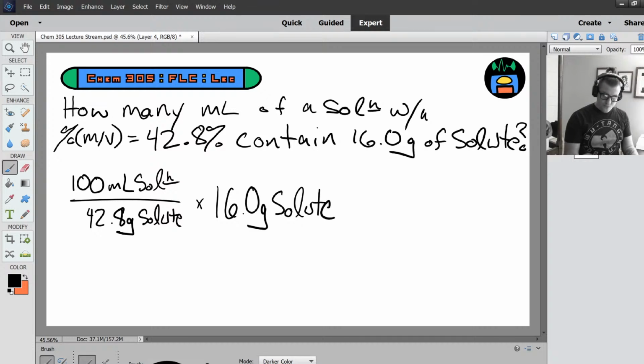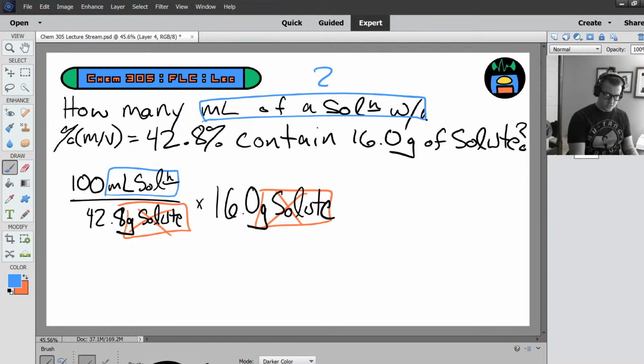All right. If we multiply these two together, what you'll notice is that grams of solute cancel grams of solute, and what are we left with? The unit we've been asked to solve for, right? How many milliliters of solution?